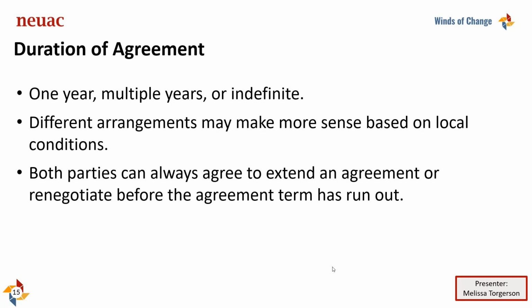And because nothing else had been done since, even though it was old, crumpled typewriter, it was still in place. It will stay in place as long as OCS does not receive an update. Both parties can always agree to an extension or to renegotiate before the agreement term has run out.